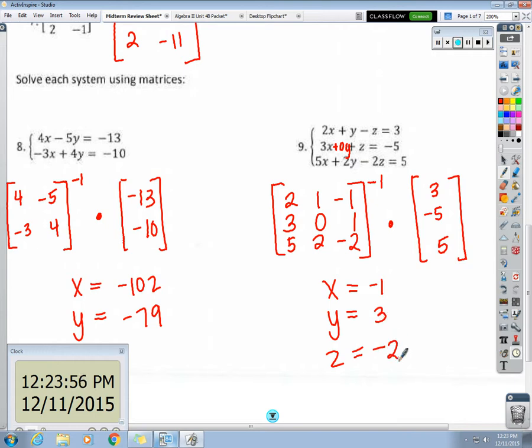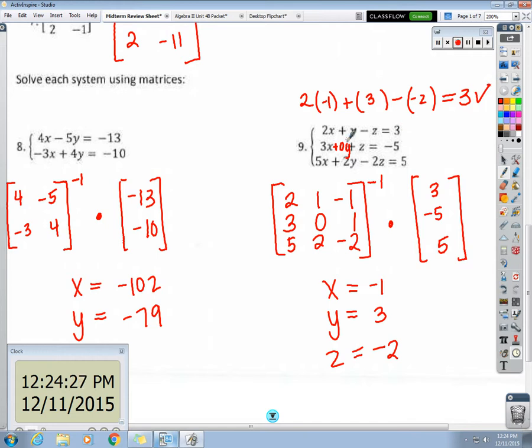Okay, let's talk about what those numbers mean. Look up here. 2x plus y minus z equals 3. And we're saying that x is negative 1, y is 3, and z is negative 2. Type in 2 times negative 1 plus 3 minus negative 2. See how it actually equals 3 like it said?